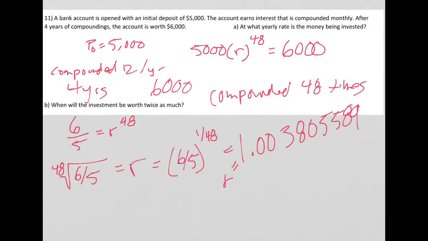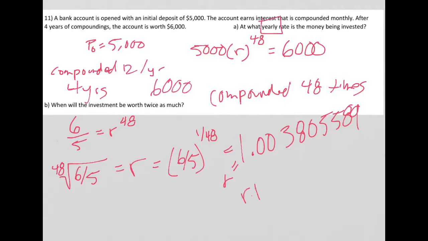It's telling us that if you compound 48 times with this rate r, you get 6,000. But that's saying that this is the rate per compounding, and we want the yearly rate. And how many compounds are there per year? Well, there are 12 per year. So if we multiply this number by 12, we should get our yearly rate.